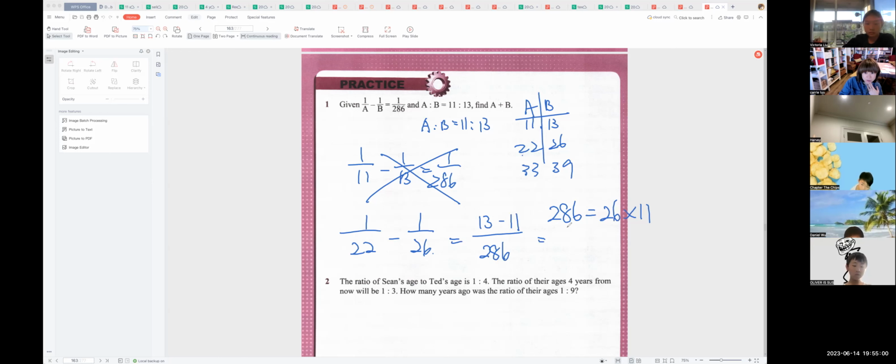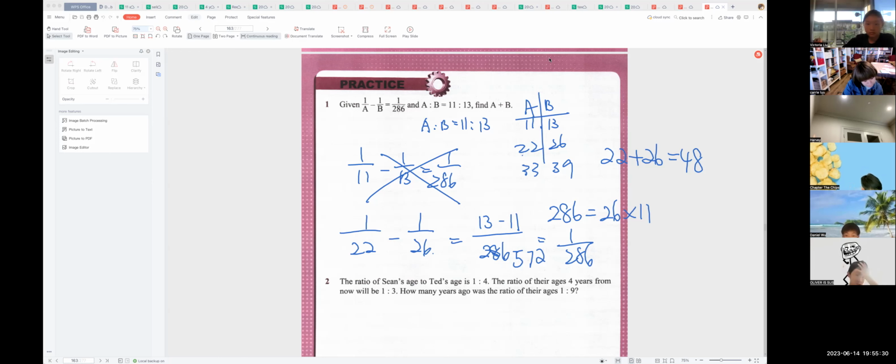So equals 我做错了，不要做错。572. Sorry. Yeah, so it's 1 over 286. So this answer is 22 plus 26 equals 48. Oliver，不可能等于 negative 的。我知道你肯定做反了，对不对？你把 B 减 A 了，对不对？Okay, so 48, I think is the answer.